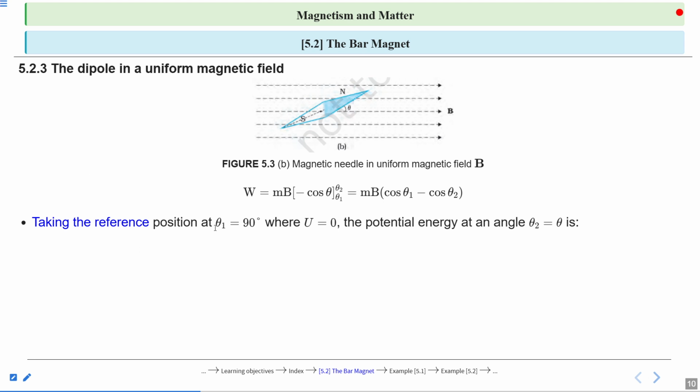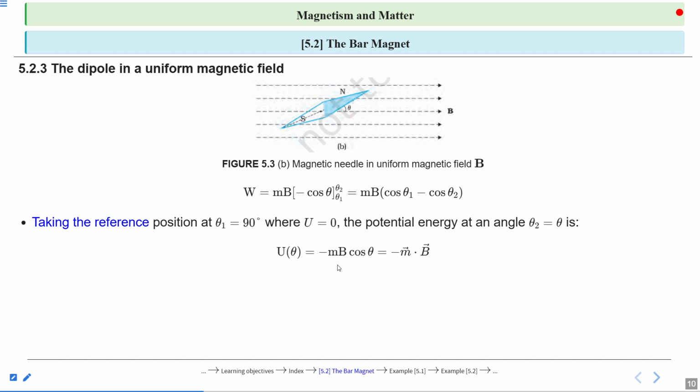So taking the reference point at theta 1 equal to 90 degrees, where U is equal to 0, we put theta 2 as only theta, since we have eliminated theta 1. So the expression will come out to be U theta equal to minus mB cos theta.